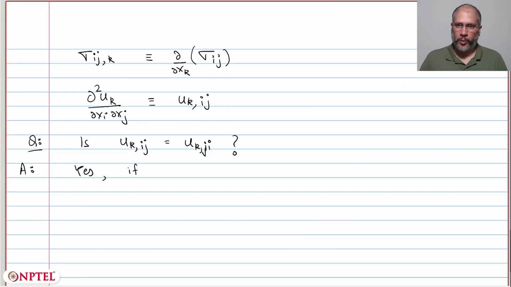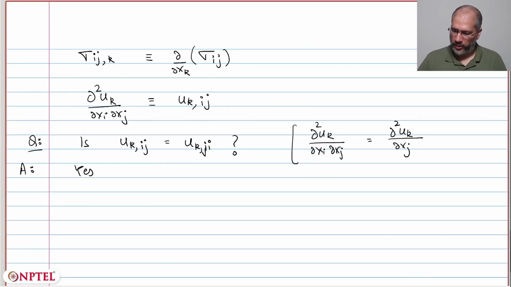If both of these are in C2, that is, the second derivatives we find for uk are continuous. So if you were to write this in the traditional notation, this would be del 2 uk upon del xi del xj, and the right hand side would be written as del 2 uk upon del xj del xi.